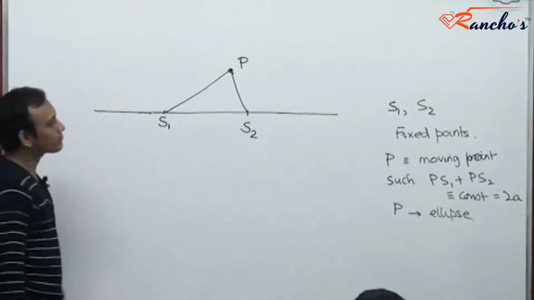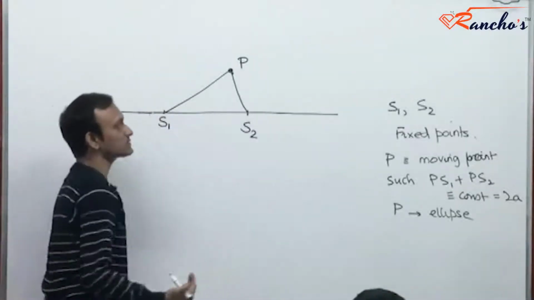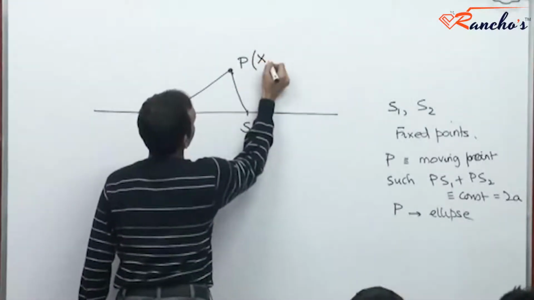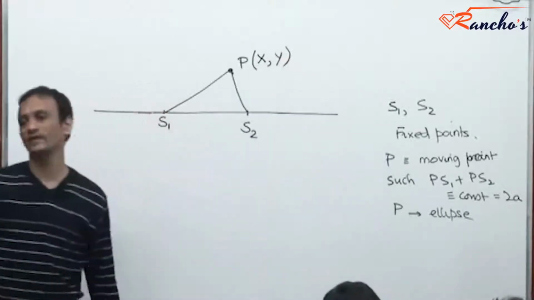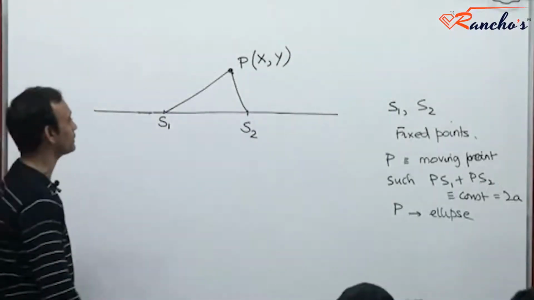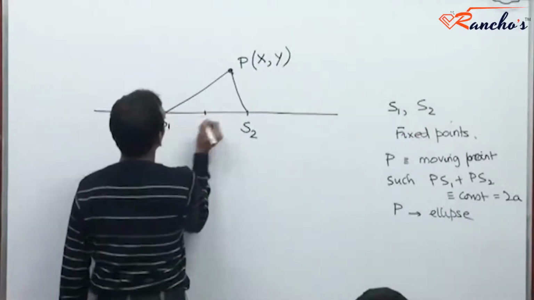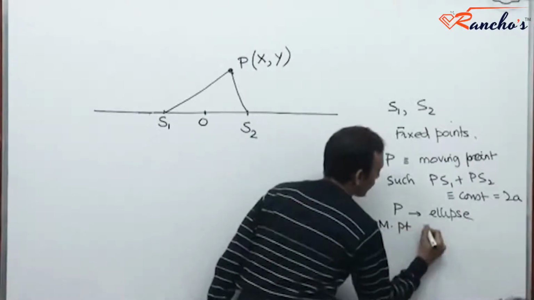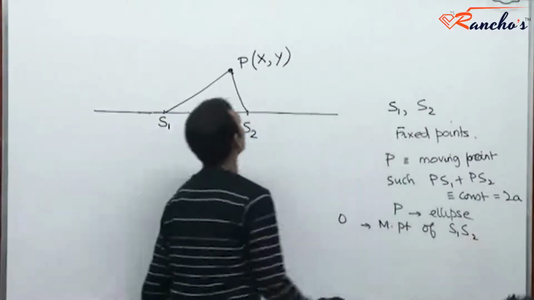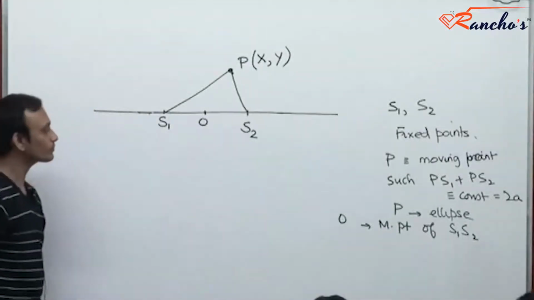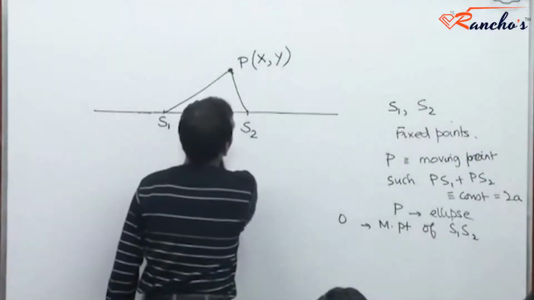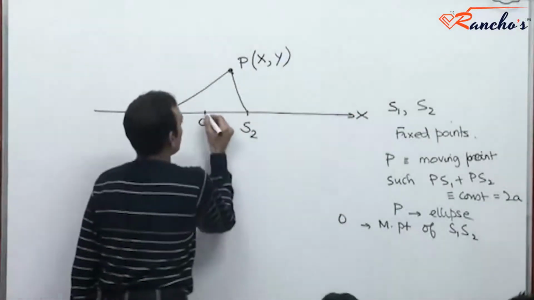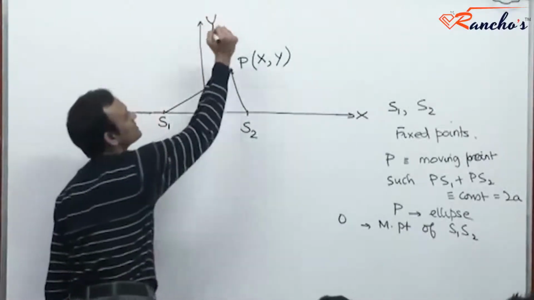Now, in our scheme of things, to describe the path of P, we choose the variable coordinates x and y of this moving point, with the midpoint of S1 and S2 as O, and the line passing through O, S1 and S2 as the x-axis, and the perpendicular to the x-axis passing through O as the y-axis.